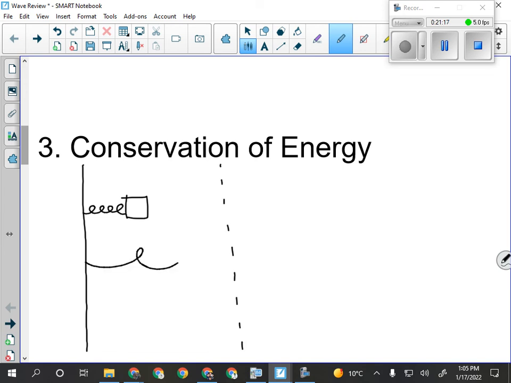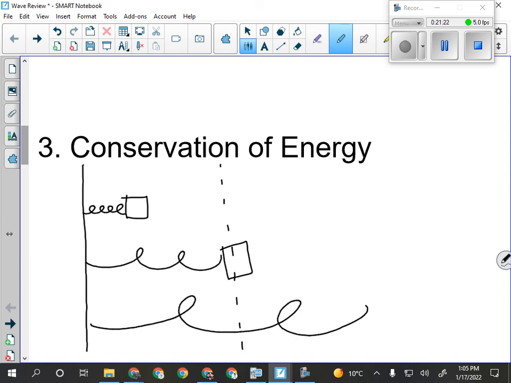This would be our equilibrium position. And that would be our point of maximum stretch. Where does the object have the most elastic potential energy? The third one and the first one, right? Any point where it's either maximum stretch or maximum compression, that's its amplitude, its point of maximum deviation from equilibrium. So maximum EP.